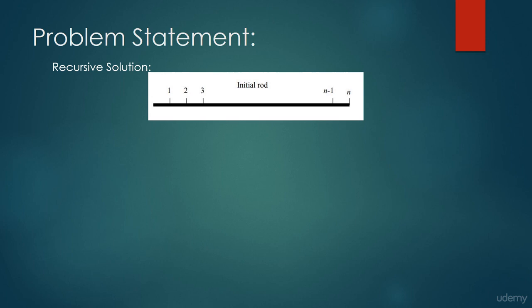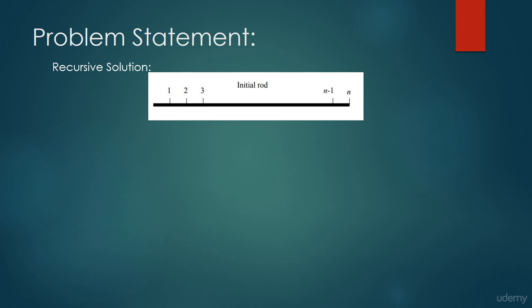So let's say that we have the initial rod, and we divide it into n pieces. We haven't cut it yet, but we just divide it into n pieces: 1, 2, 3 up to n. Its length is n, and it's divided into n sections.